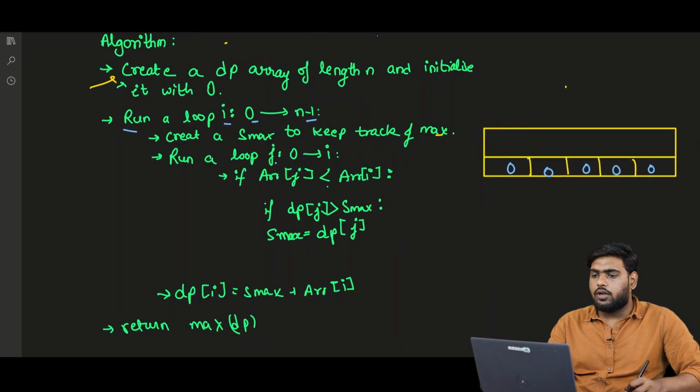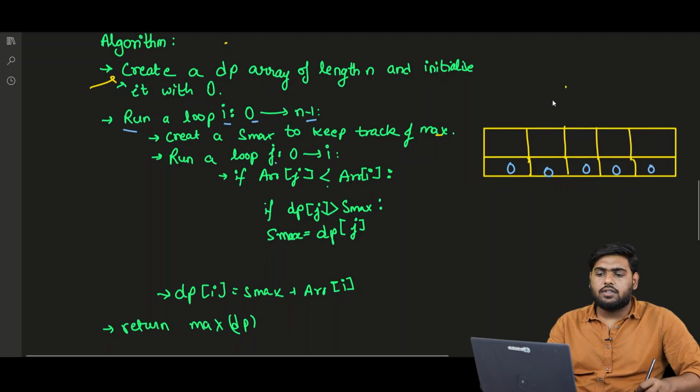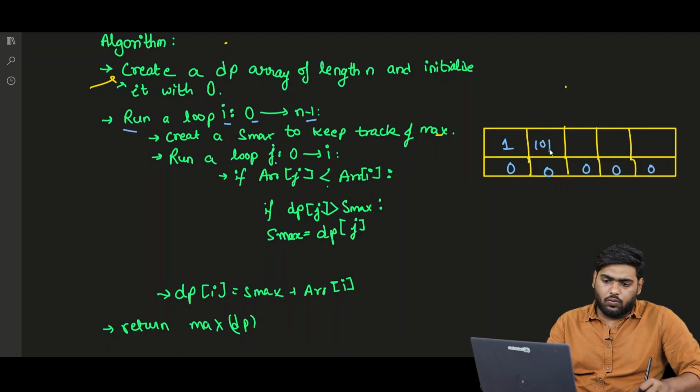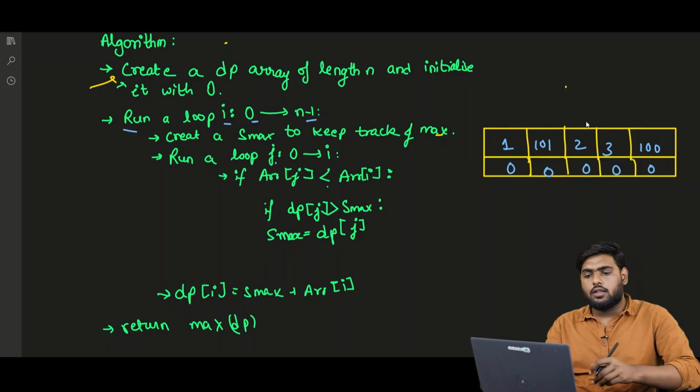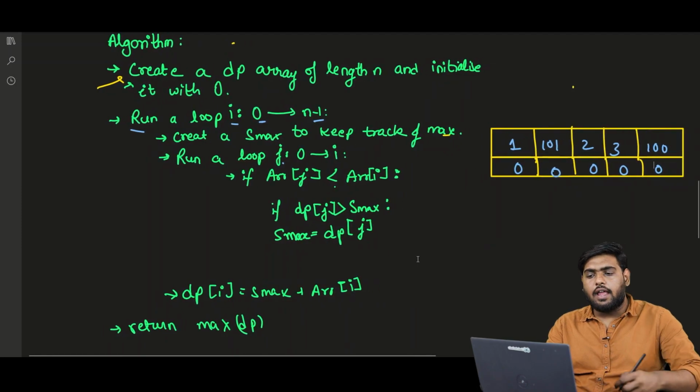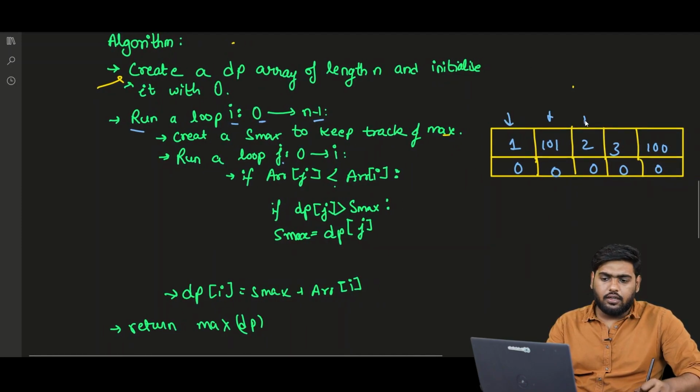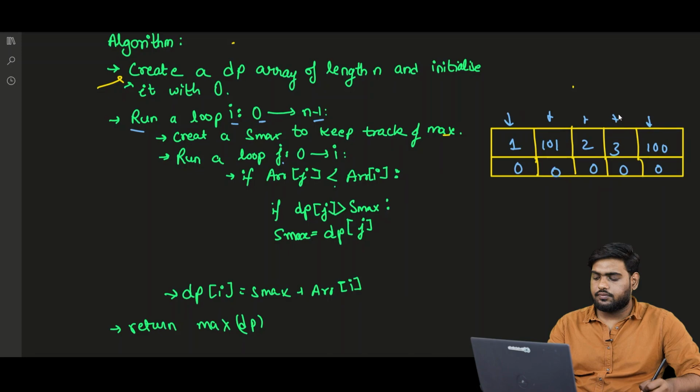Right, corresponding to it, what are the values? The values that we have are 1, 101, 2, 3 and 100, correct? These are the values. So my i would be moving from here till the end, correct?